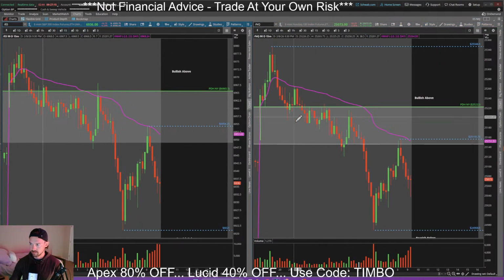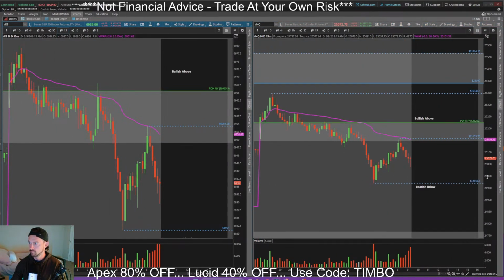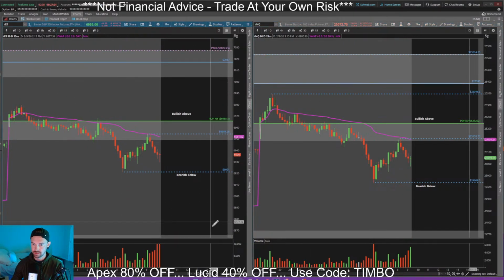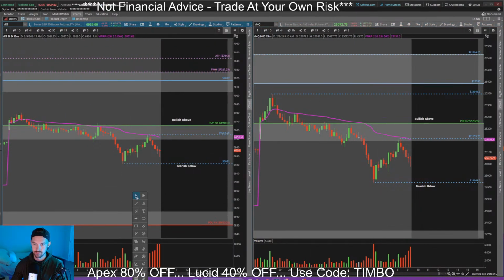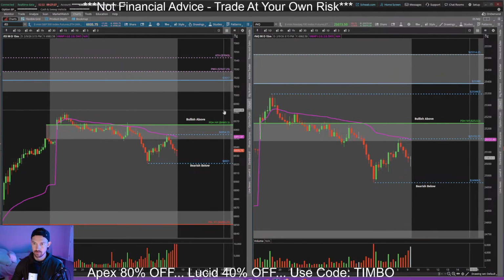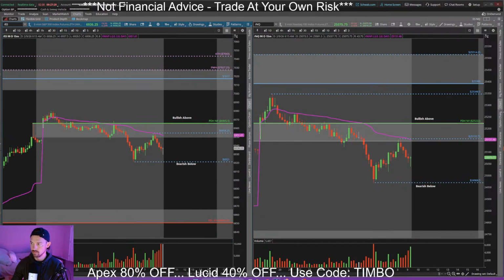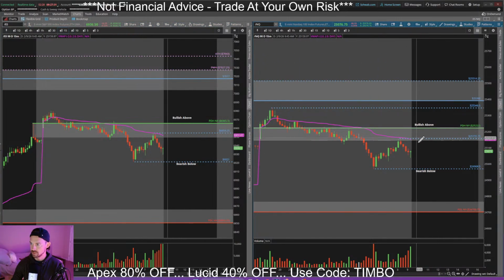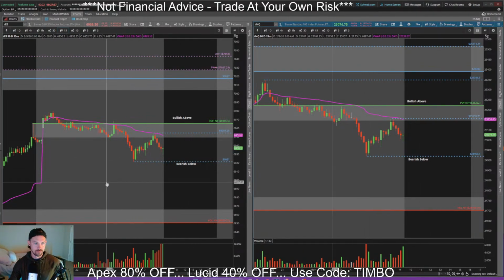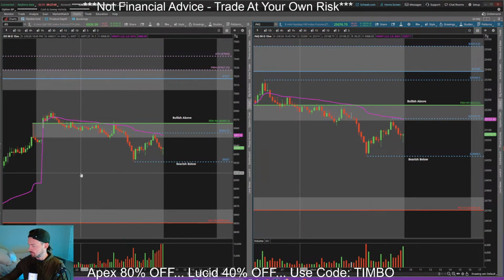All right, a few minutes here until the open. The only focus is really just sticking to the game plan here and waiting for a break of this range. Just focusing on being patient.